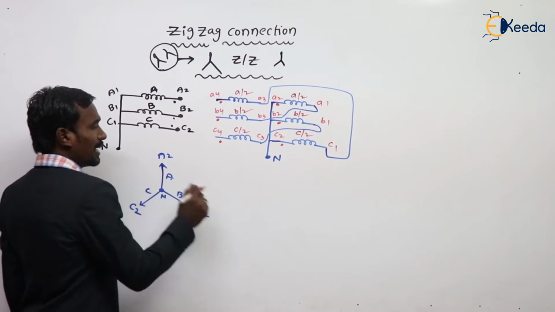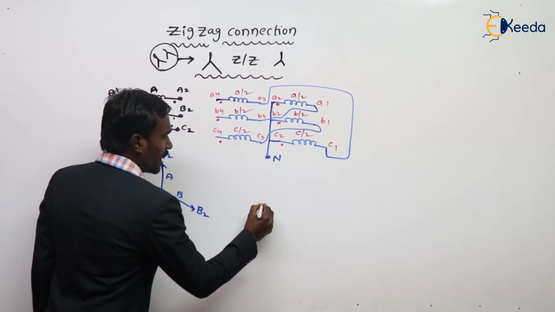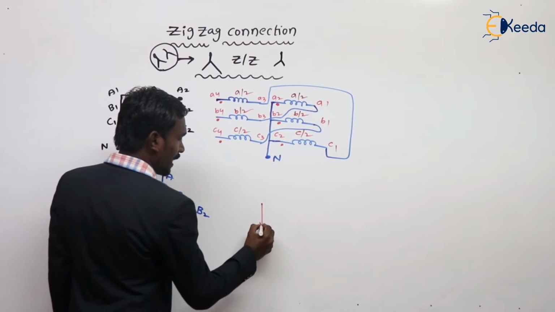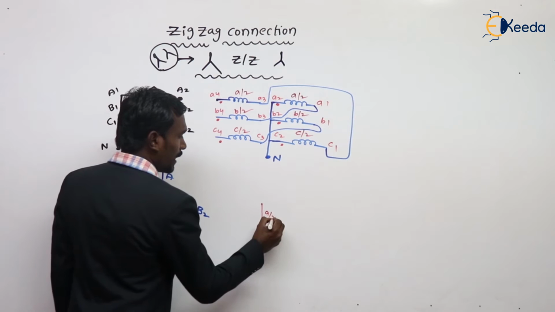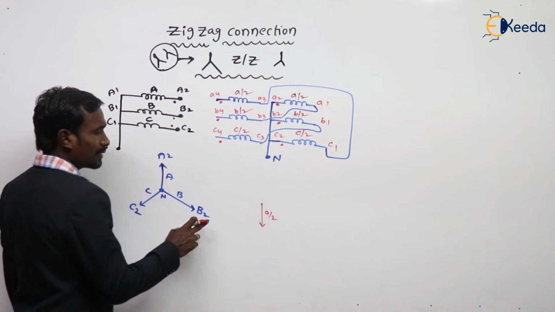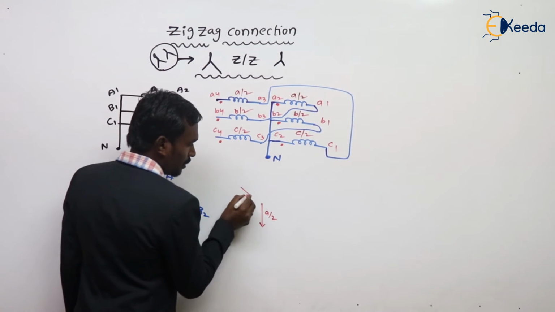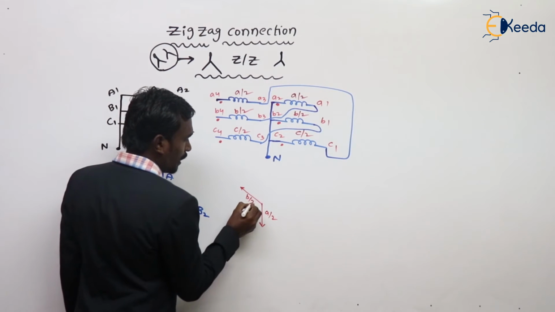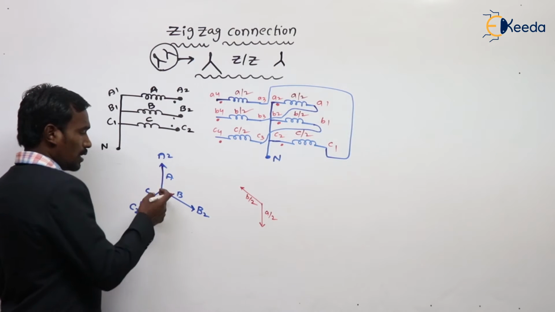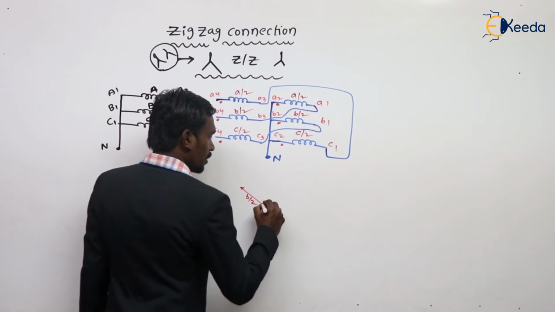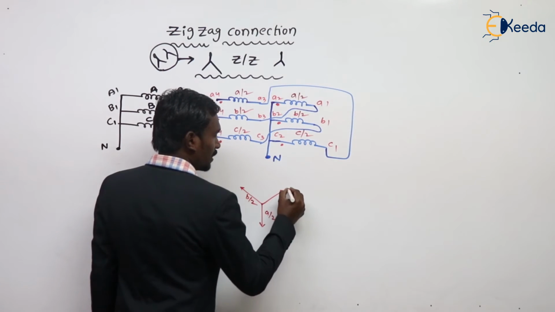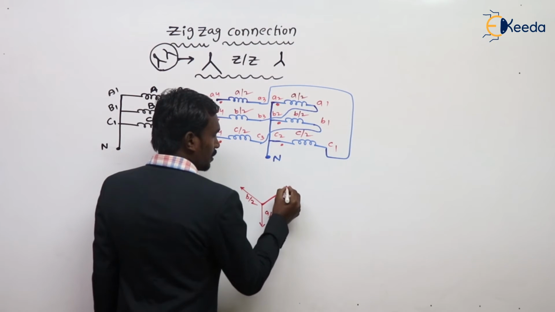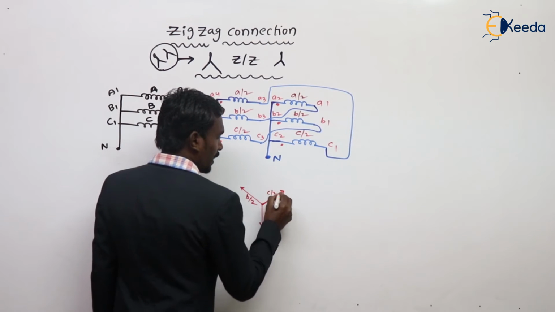If A is like this, here the A should be like this. This is A by 2. And if B is like this, here the B should be like this. This is B by 2. C is like this, here C should be like this. This is C by 2.